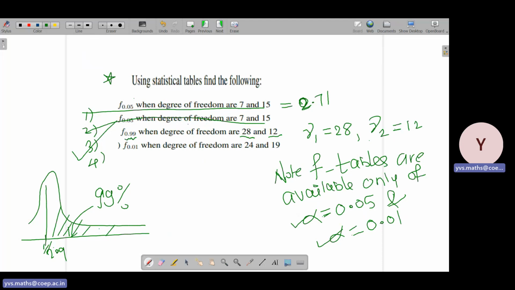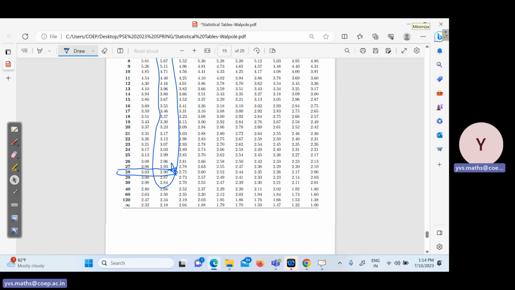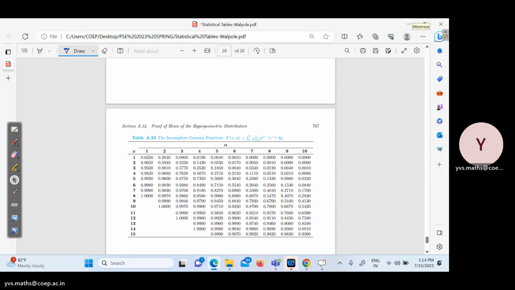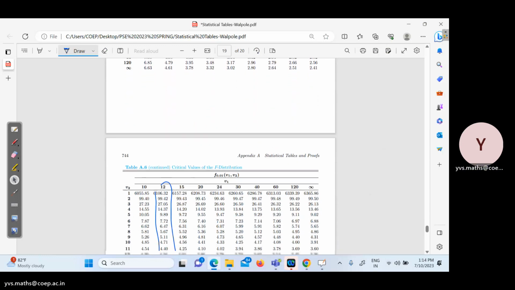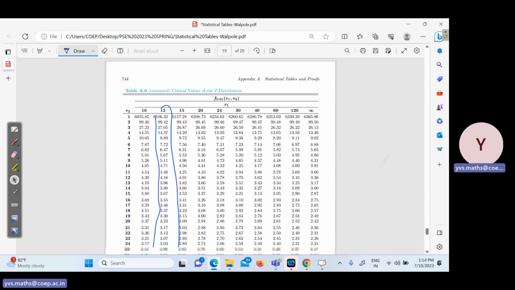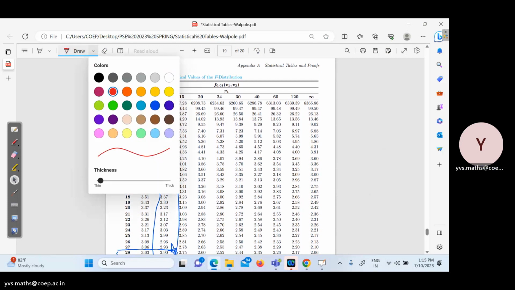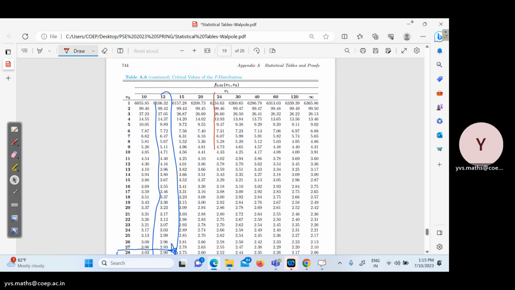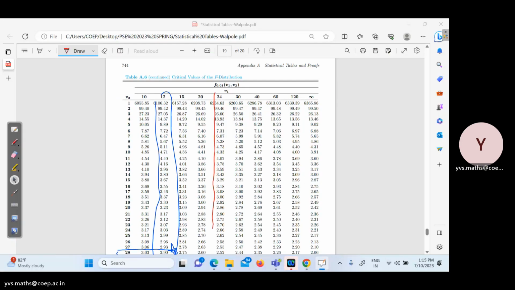After that, let's solve question number 4. You have to find f suffix 0.01 when the degrees of freedom are 24 and 19. So nu1 is equal to 24 and nu2 is equal to 19.